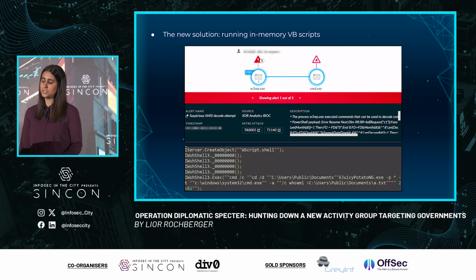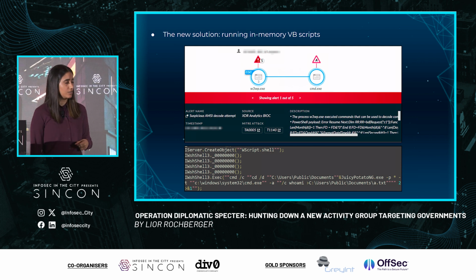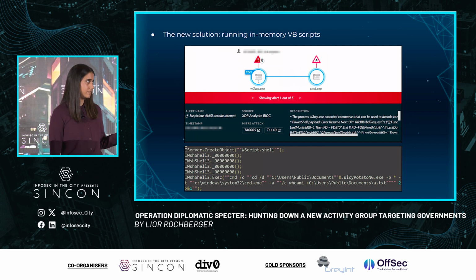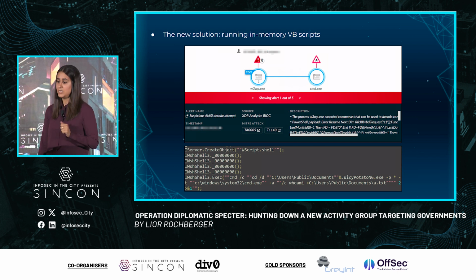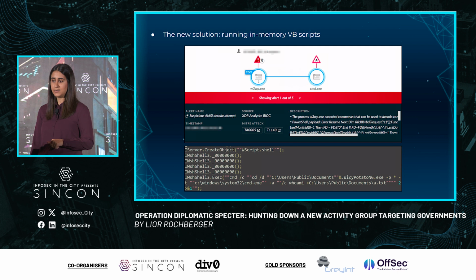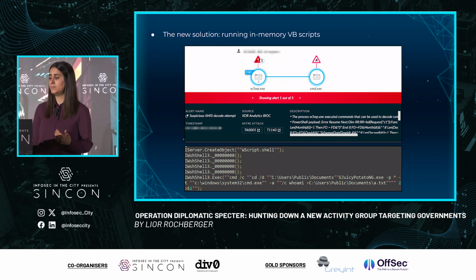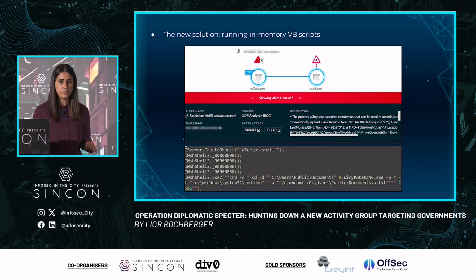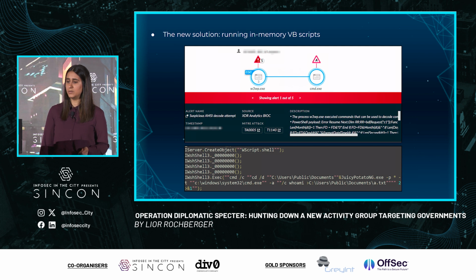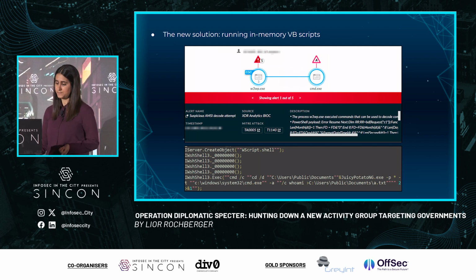At this point, we understood that we were dealing with a very determined, adaptive, and sophisticated threat actor. Using this relatively unique and pretty uncommon technique of running in-memory VB script to act as a web shell, the threat actor was able to penetrate the organization and to carry on their attack.